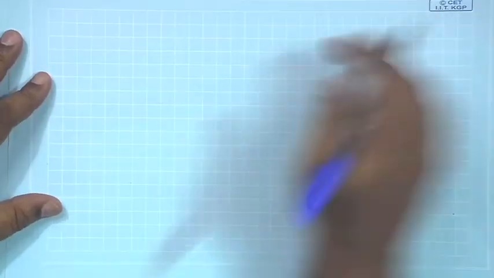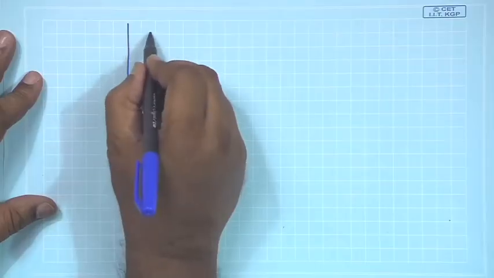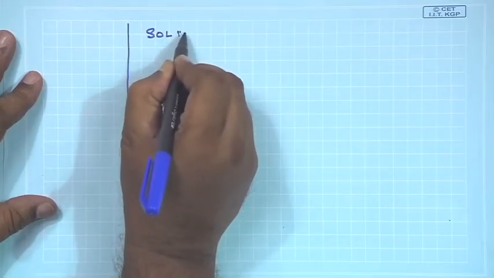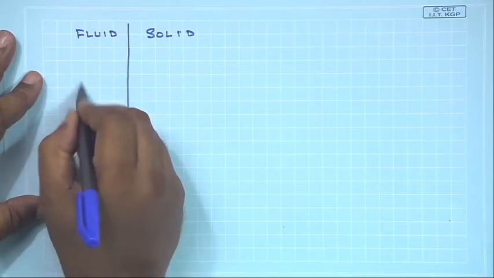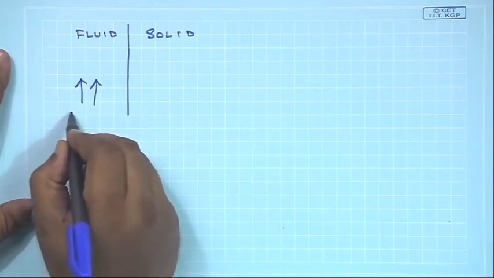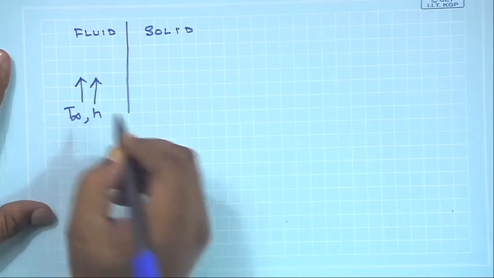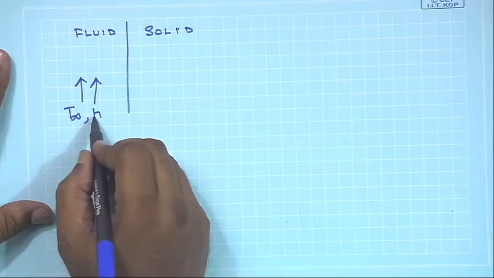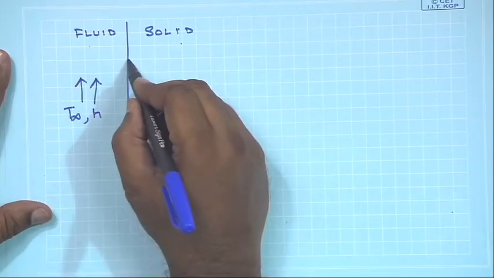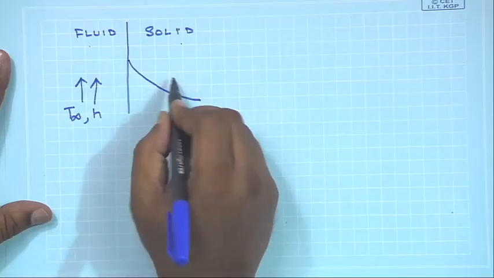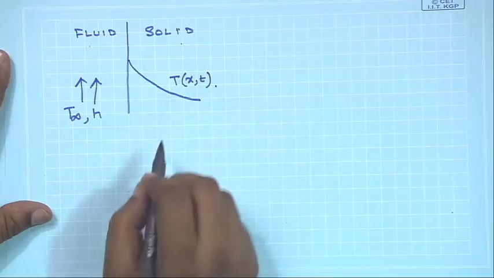So, what you have then, I will draw it once again. This is the solid side, this is the fluid. The fluid is moving with some velocity, having a temperature T infinity and with a convection heat transfer coefficient h, and let us say that the fluid temperature is more than that of the solid. So, this is how the temperature inside the solid would change with time.